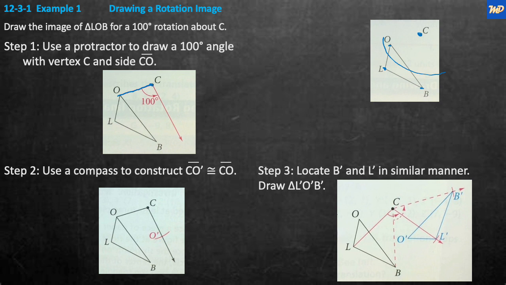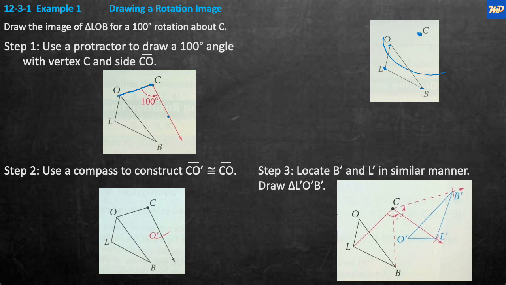You put a point on your paper, and then you draw that line. Draw it longer than it probably needs to be, because you're going to have to cut it off when you measure it. So now you have that line drawn from C to that point based on the 100-degree angle from OC. Now you've done the first one.